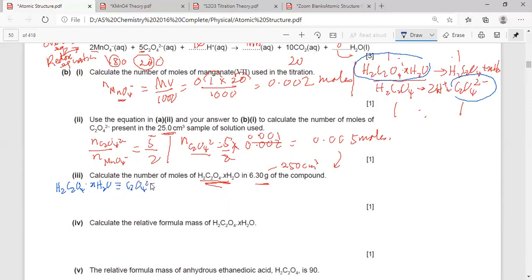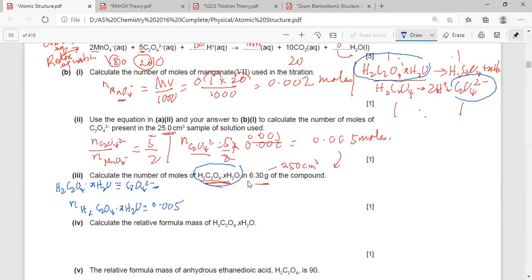C2O4 2-. So from here, this is the whole thing plus water. So the number of moles of H2C2O4·XH2O, the whole thing, is the same, which is 0.005.